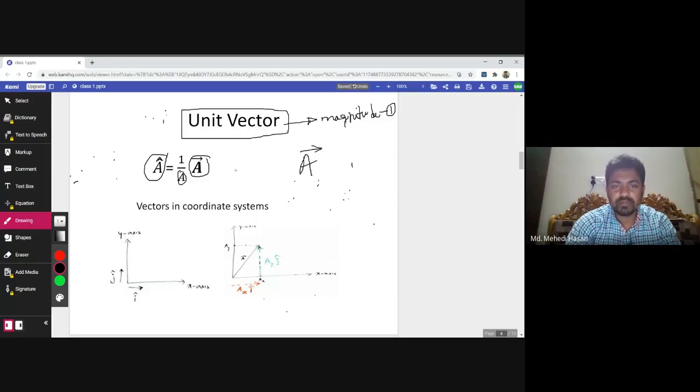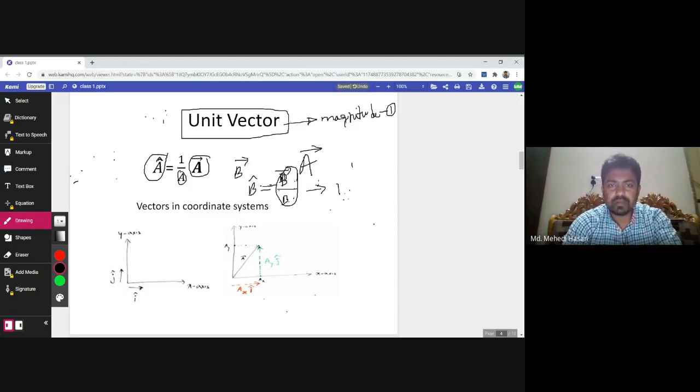Say B vector is given. The unit vector of B is B cap, equal to vector B divided by its magnitude. If you find the magnitude of this, it is 1. So this is the unit vector.